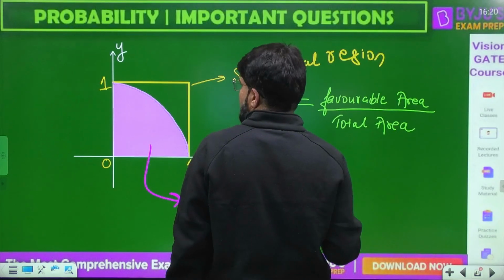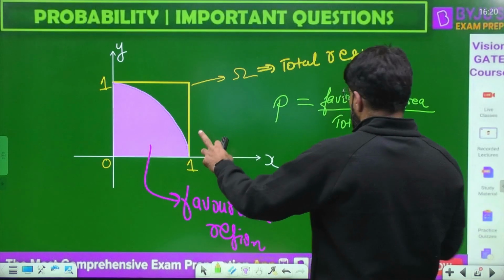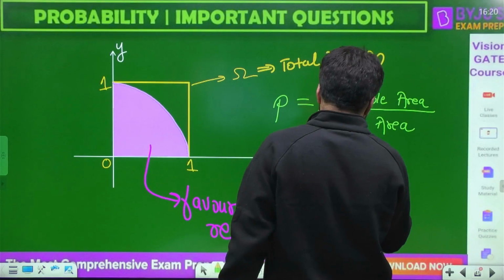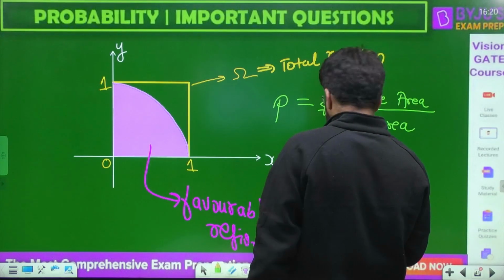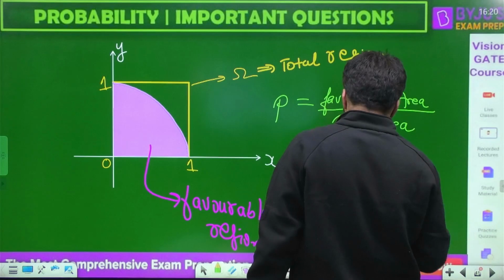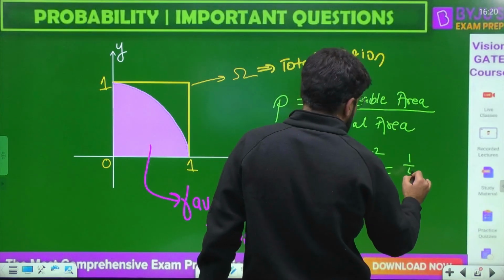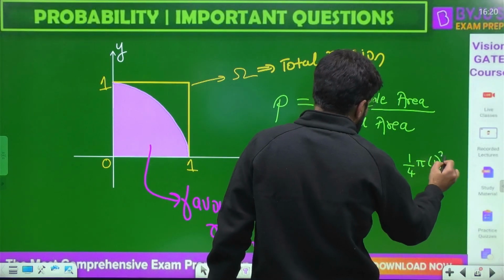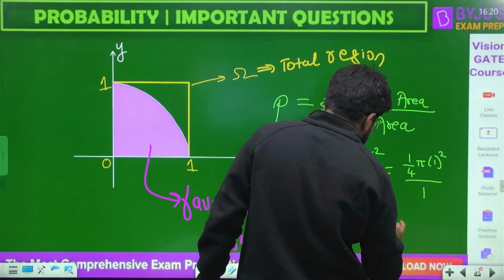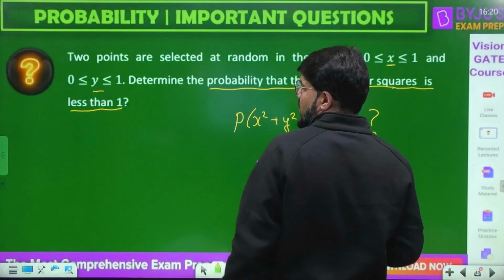The favorable area is the area of this quarter circle, 1 by 4 pi r square, divided by the total area, 1 into 1. With radius 1, the answer is simply pi by 4.